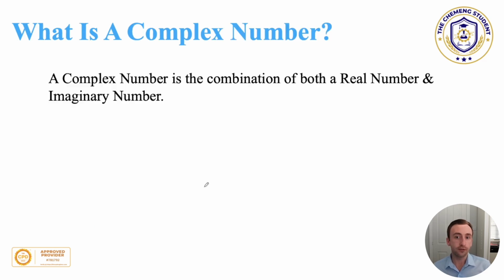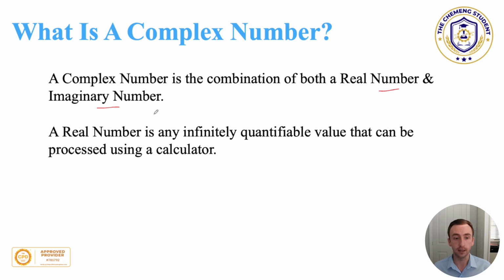So the first question that we have to ask ourselves is, what exactly is a complex number? Well, a complex number is essentially a combination of a real number and an imaginary number. So perhaps up until this point you are really only familiar with the idea of real numbers, but we do have something called imaginary numbers.